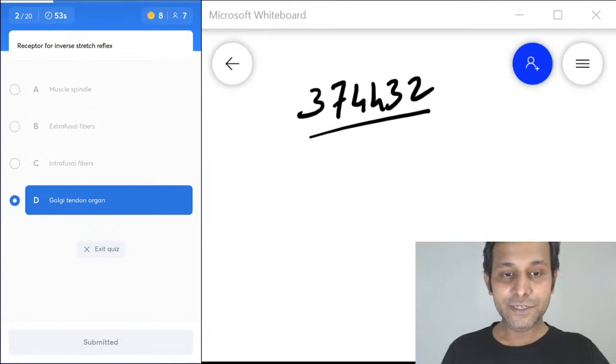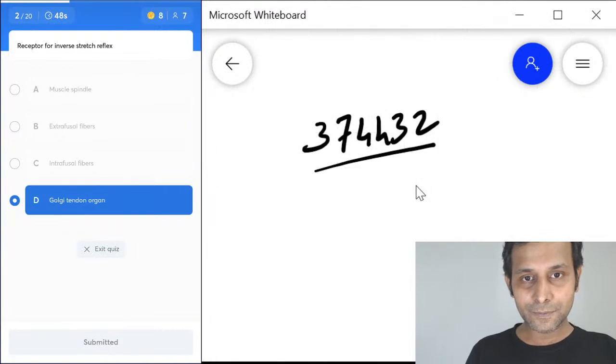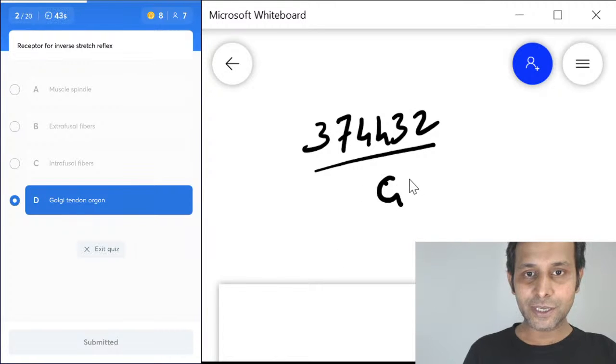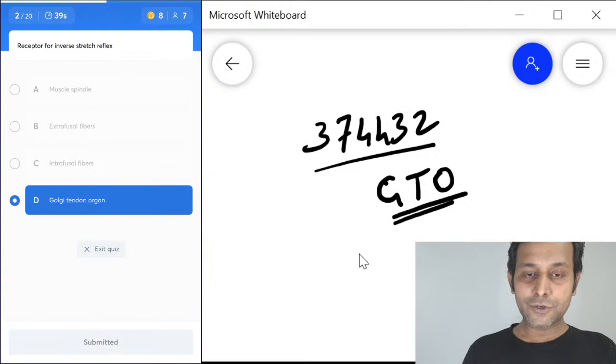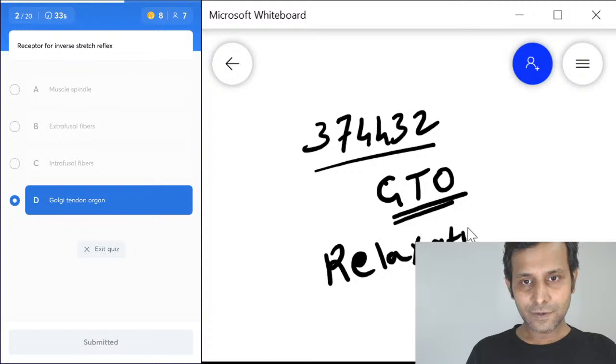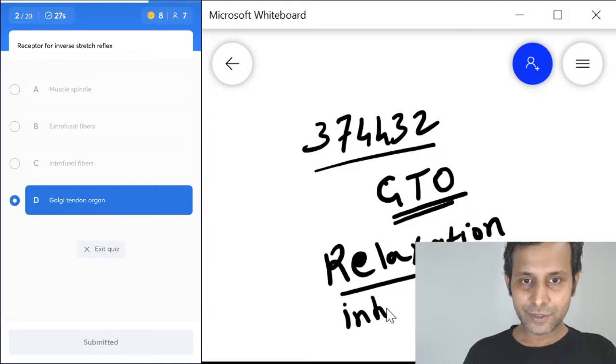The answer is Golgi tendon organ, GTO, which causes relaxation of the muscle, or you can say inhibition of contraction, on stretching.